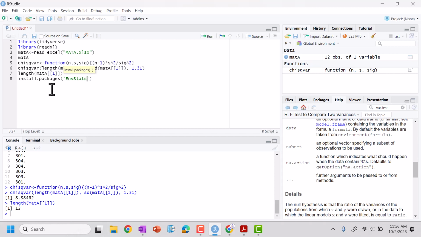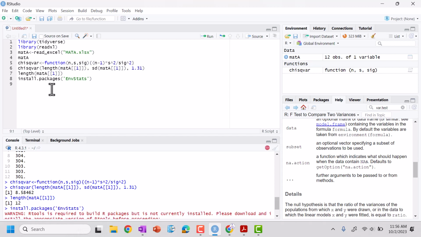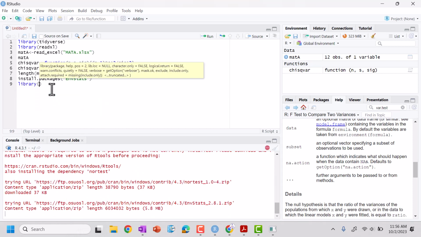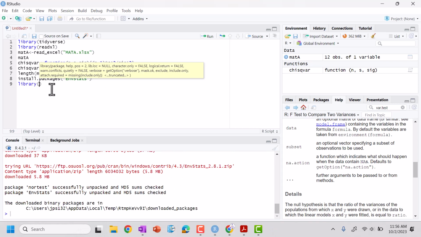This is actually a very good package. It has a lot of cool features and a lot of different statistical tools that we can utilize. So let's do library EnvStats.